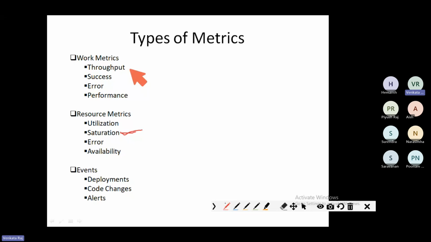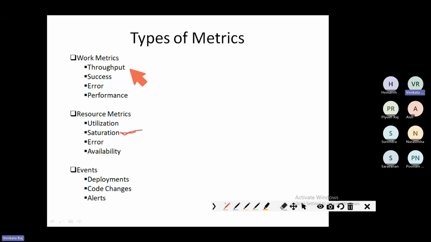Let's say 99% or 95% you have set up. So you can say it has saturated, meaning it has gone to the maximum level configured by us. If you do not do any configuration, then CPU saturation means 100% CPU utilization. Similarly, guys, errors can happen with respect to the resources also.